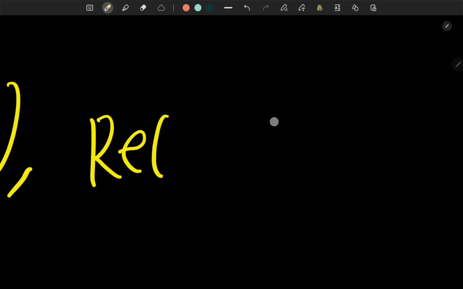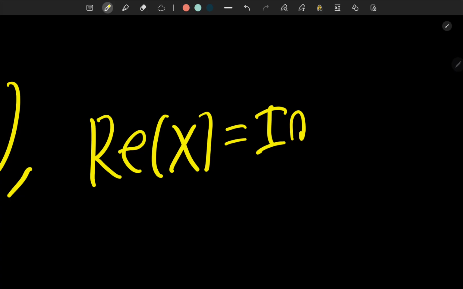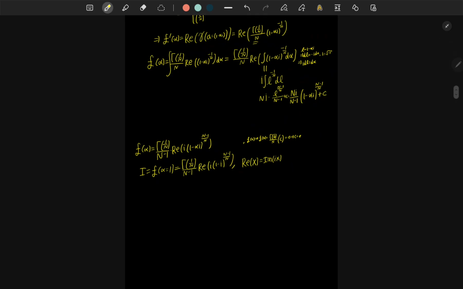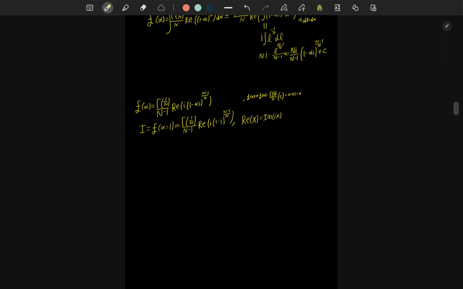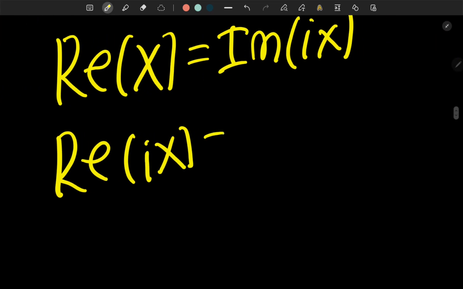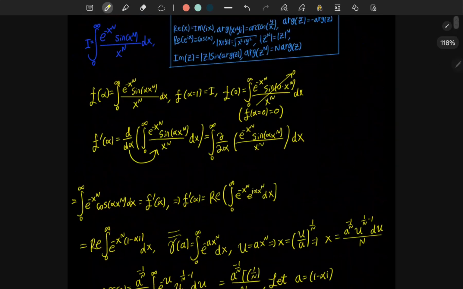No. The real part of x is equal to the imaginary part of I x. Yeah, that seemed wrong. I apologize for that little mistake. No, but the real part of I times x, I was thinking of the wrong one, is equal to negative times the imaginary part of x. Now this should be true.